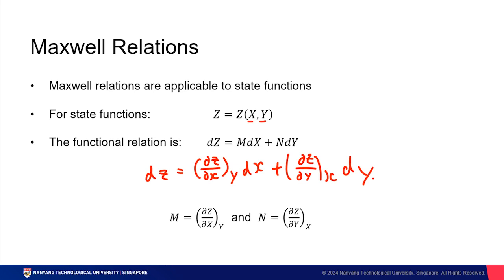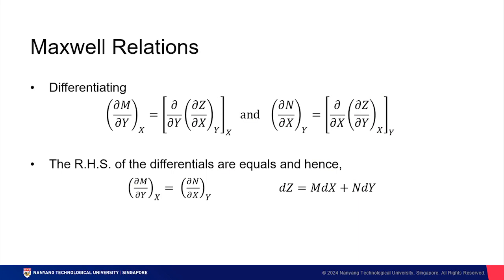Notice that the m and n terms are here. Following on, you have to do the second order partial differential. Notice here, this is your m term, and this is your n term.